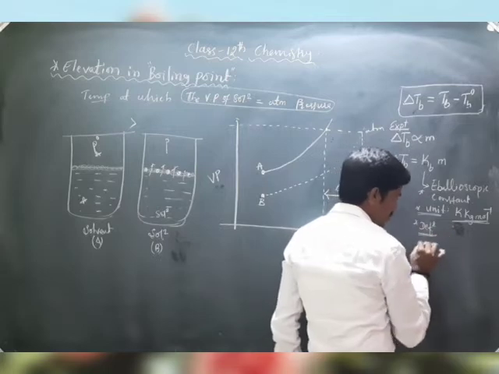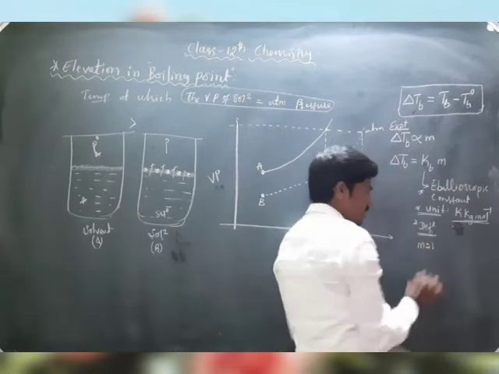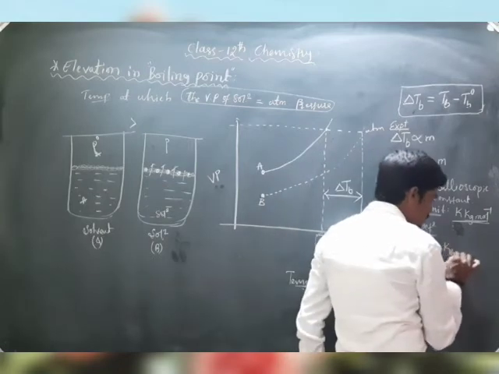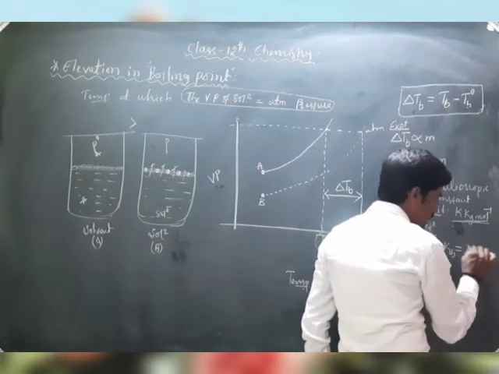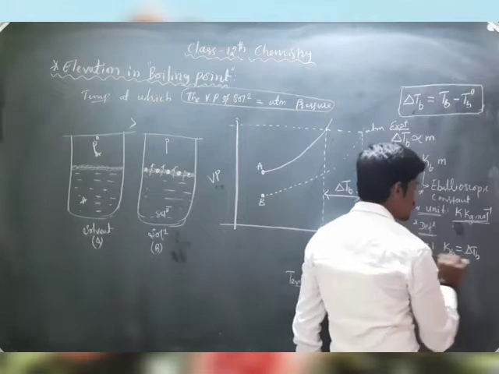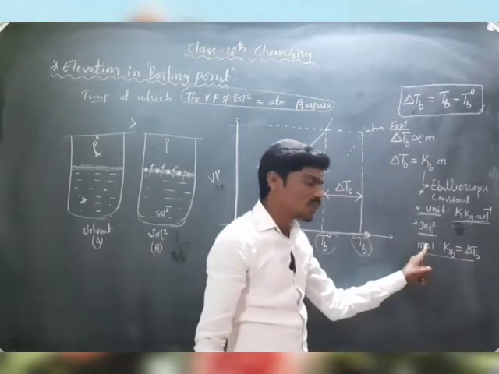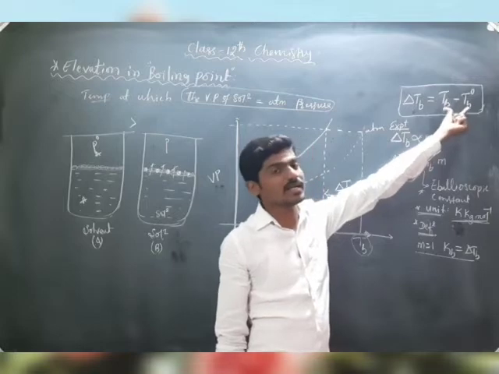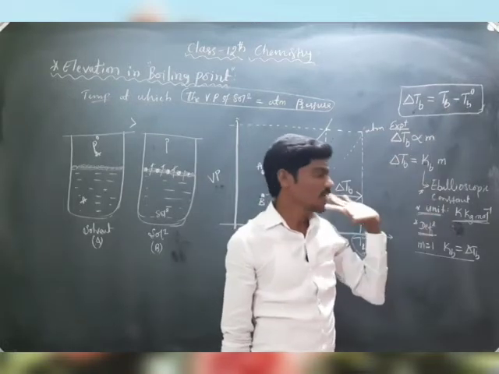Definition: when m is equal to 1, that is for a 1 molar solution, Kb is defined as delta TB. So for a 1 molar solution, whatever the temperature difference is, that is equal to Kb.